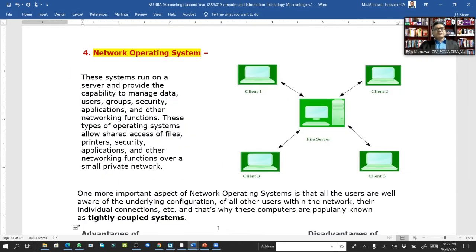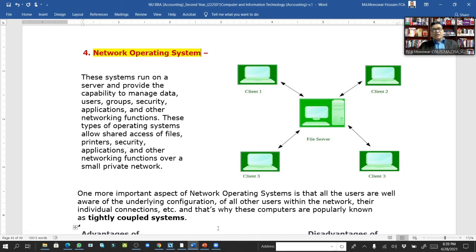Network operating system. These systems run on a server and provide the capability to manage data, users, groups, security, applications and other networking functions. This type of operating system allows shared access of files, printers, security, applications and other networking functions over a small private network.